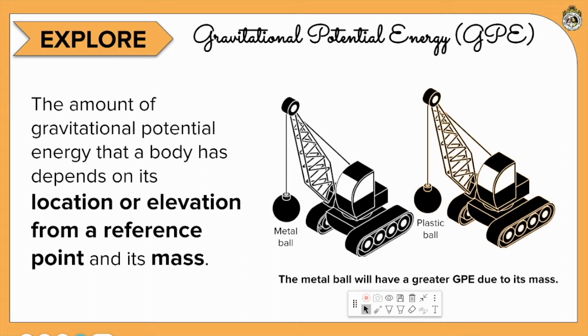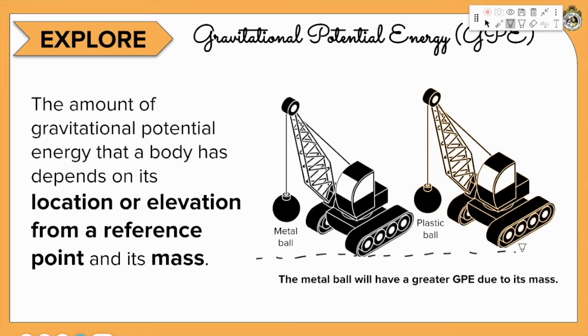If you look at these two, the balls are hung from the same height, starting from the ground. So let me just draw on that. If this is the ground, this would be your reference point.